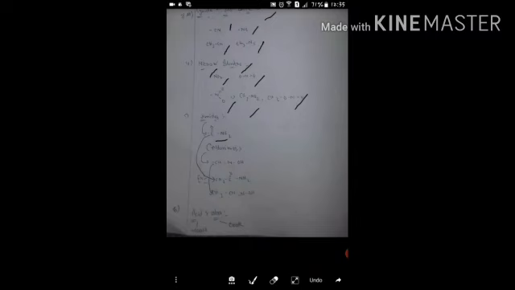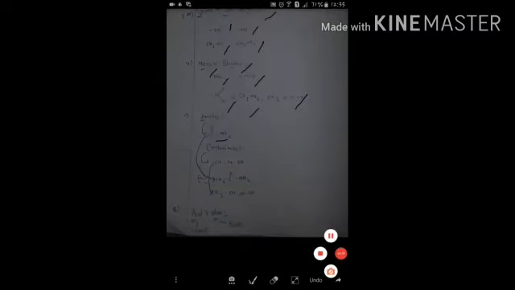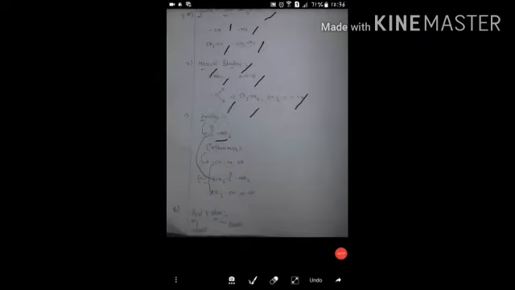We can write amide as C=O NH2, and aldoximes as CH=N-OH. We can write the amide as this structure, and aldoxime as this structure.